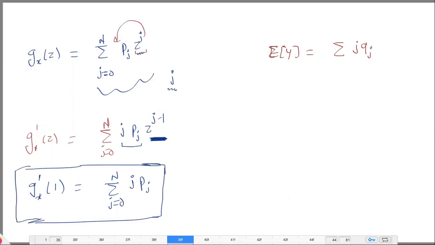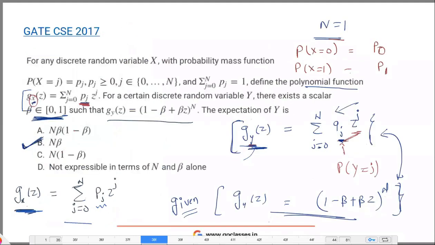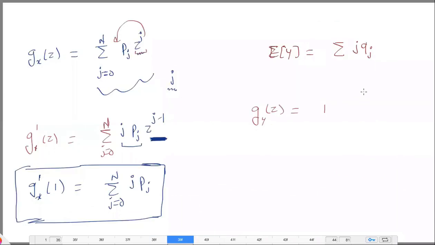Okay. Now what is given to you? It is given to you that g_Y(z) equals (1 - β + βz)^n. This is given to you, right?